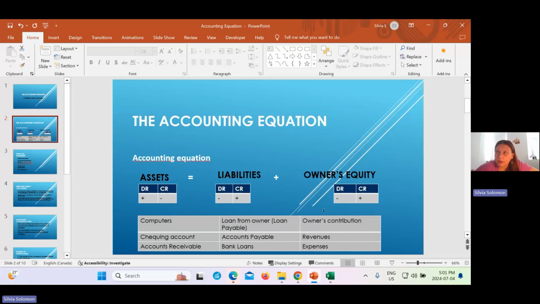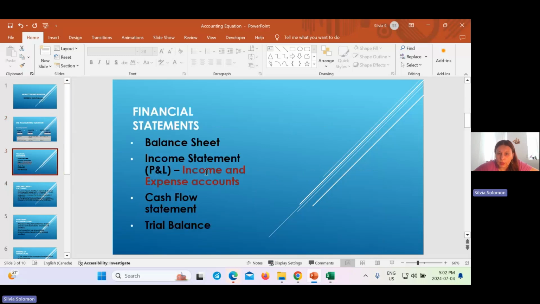And retained earnings, as I told you, is a whole formula being revenue minus expenses, okay? But revenues and expenses are another type of accounts that we are going to find on the income statement.